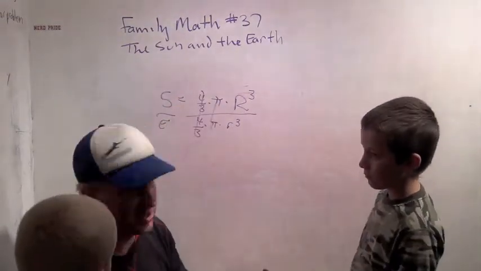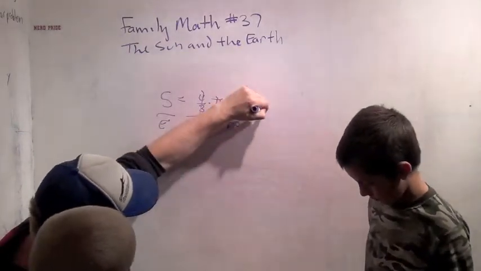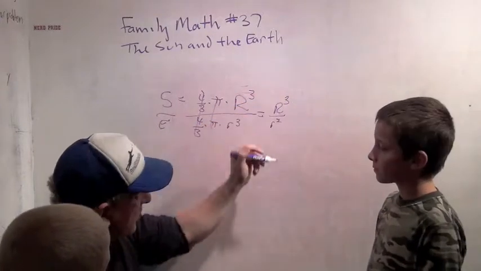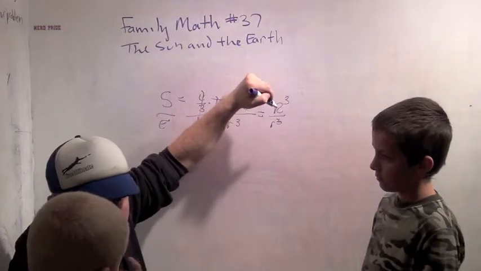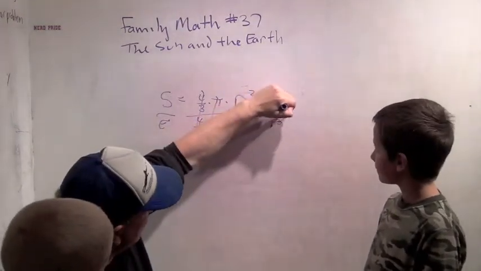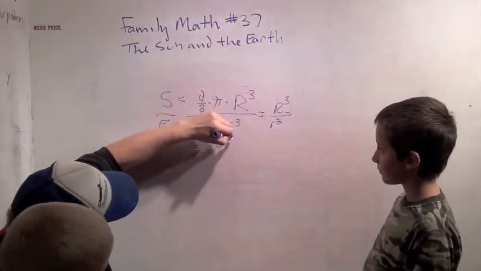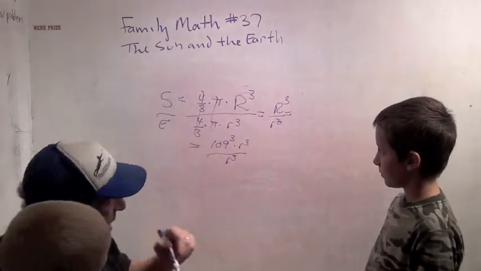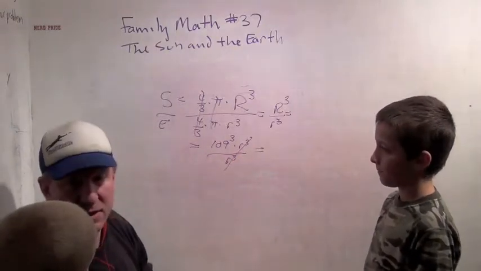We haven't talked about fractions, but when we do, this will make more sense. So all we get is the big radius cubed divided by the little radius cubed, and they told us that the big radius was 109 times the little radius, right? That's what it meant, that 109 fit across. So this is 109 cubed times the little radius cubed over the little radius cubed. The little radius cubed cancels, and we just have to figure out what 109 cubed is.